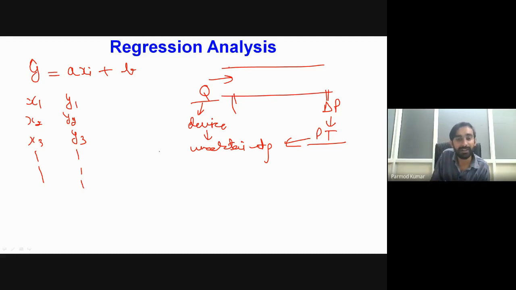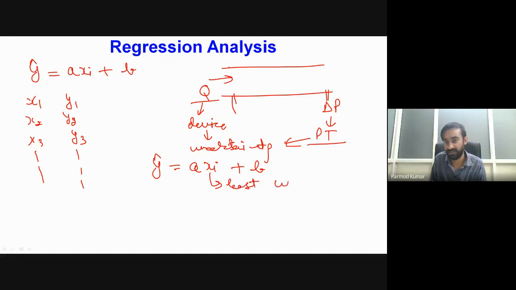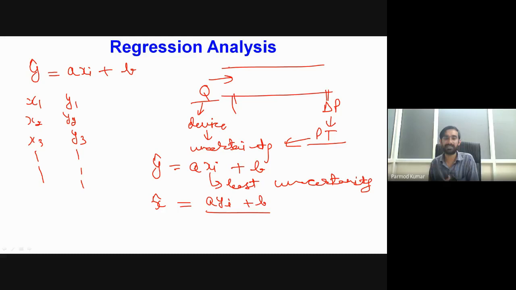So while writing y cap equal to a into x_i plus b, we are considering that x_i is the data set having the least uncertainty. If the situation is reversed, that is, y has the minimum uncertainty, then we have to use the formulation x cap equal to a into y_i plus b. This you have to always take care of.